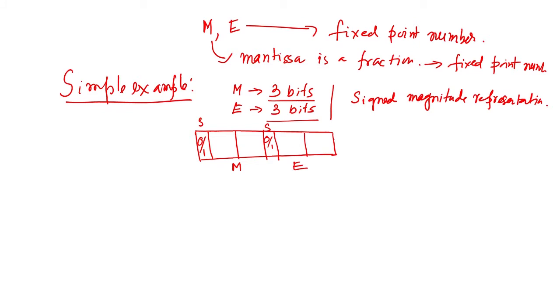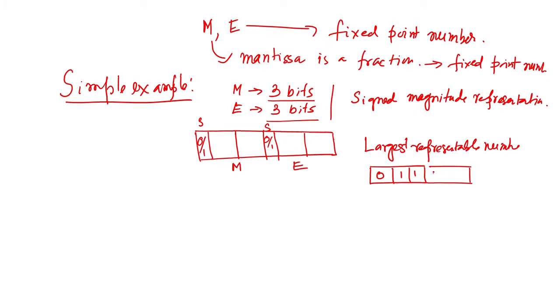Using this technique, what will be the largest representable number? The mantissa will be at its highest value, a positive number 0 1 1, and the exponent will also be the highest, that is 0 1 1.